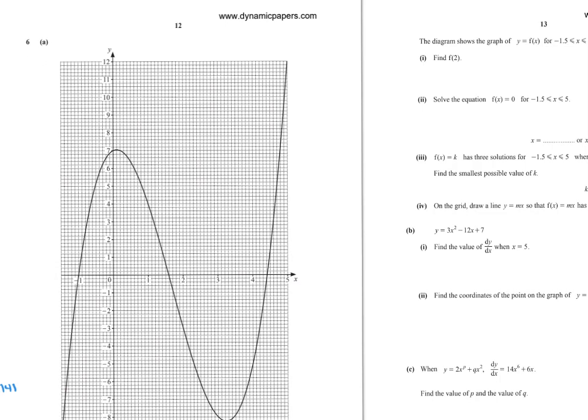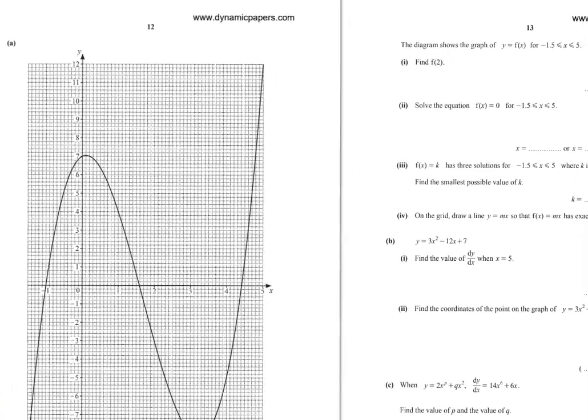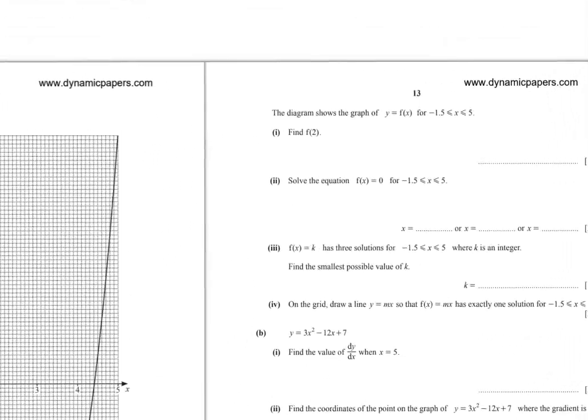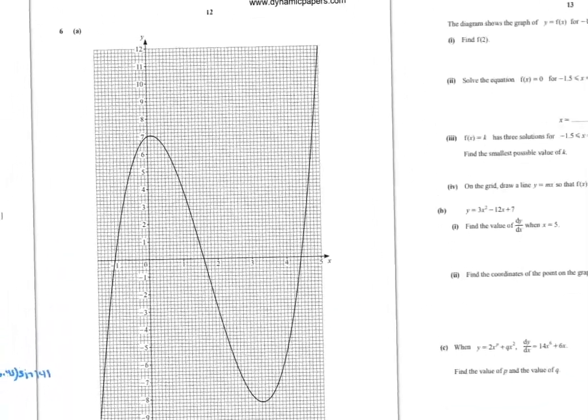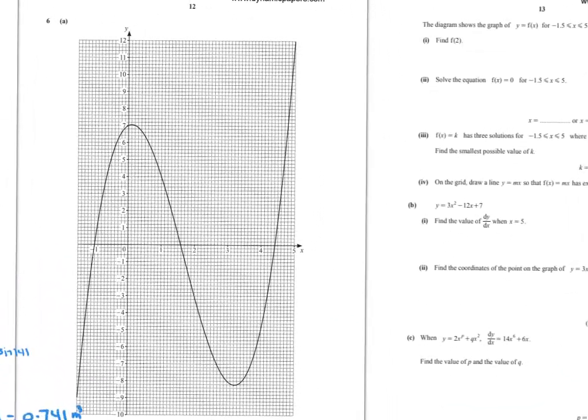Question number 6, 6a. We have the graph drawn for you. Now we need to solve some questions related to the graph. First, find f(2). How to find f(2) if you have the graph? It means x equals 2.